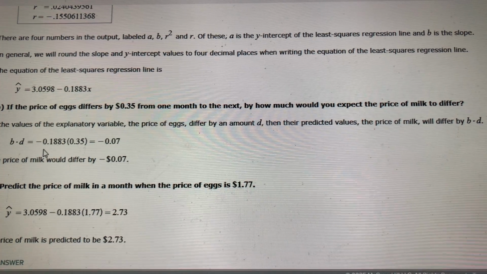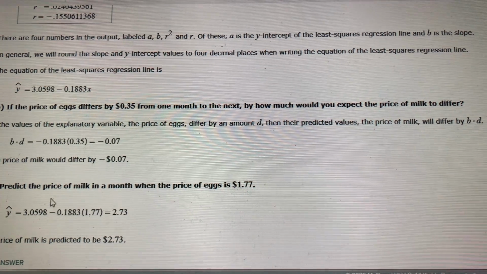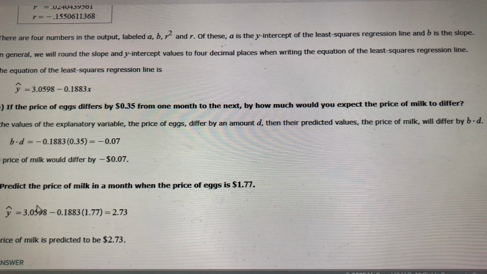So they're multiplying the slope by the difference, 7 cents. Okay. Predict the price. Okay, yeah, see, I was doing what part C wants.